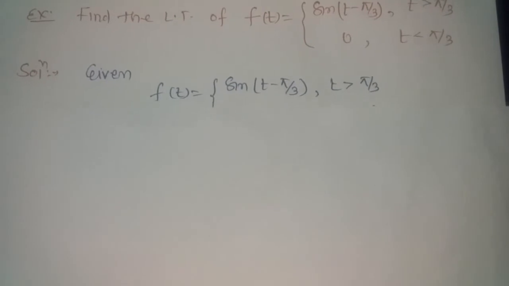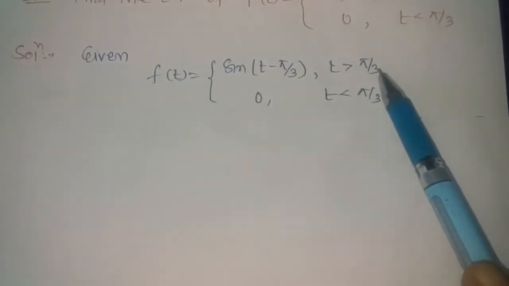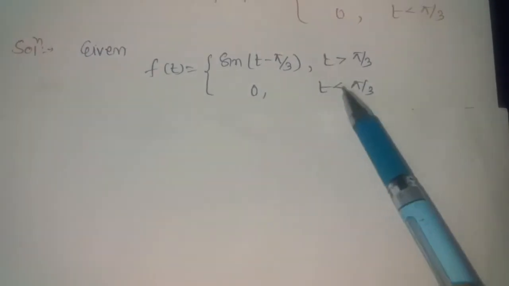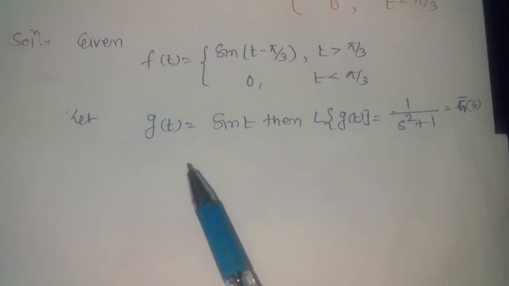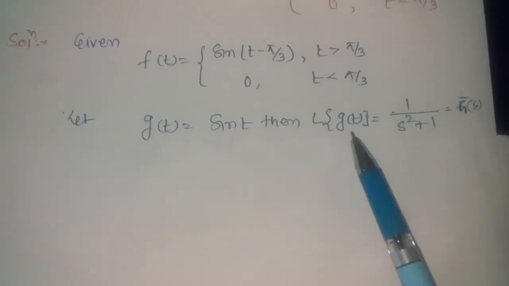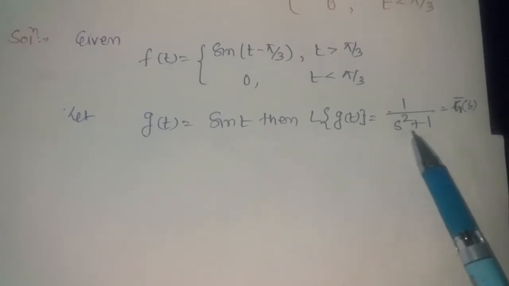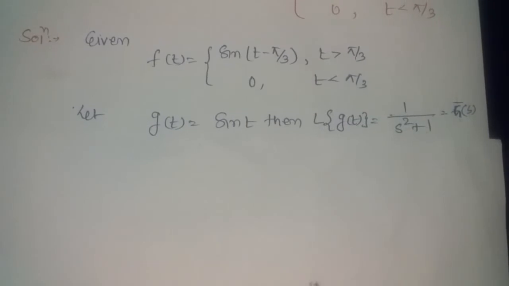So here the function f(t) is sin of (t minus pi by 3) when t is greater than pi by 3 and 0 when t is less than pi by 3. Consider a function g(t) as sin t. Then the Laplace transform of g(t) is 1 upon s square plus 1, which we denote by g bar s.